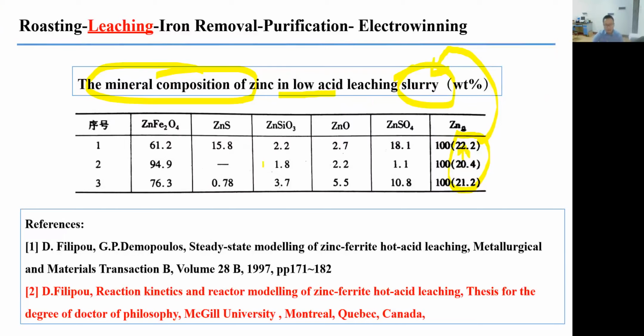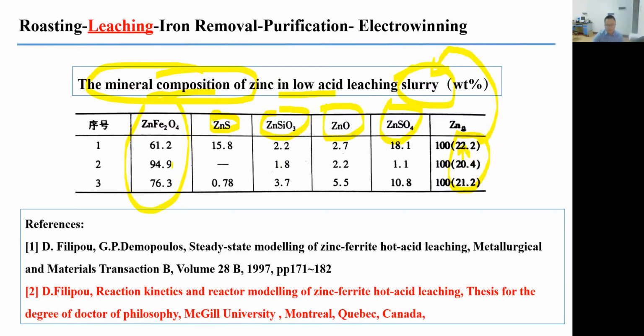And this 22 kilogram of zinc has different mineral forms and compositions. Zinc ferrite is the most important mineral in the leaching slurry. There are also some iron-wrapped zinc sulfide and zinc silicate, which can have a minor amount. There is also zinc oxide, iron-wrapped calcine, and zinc sulfate, which can be recycled by washing.